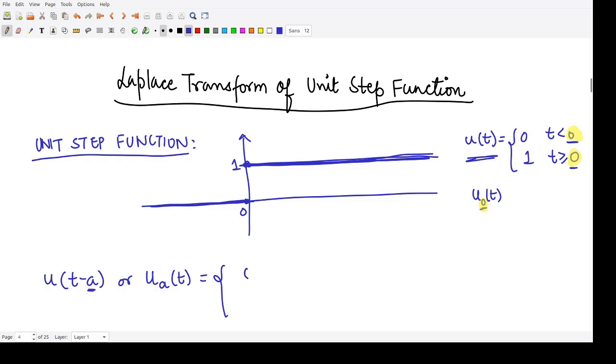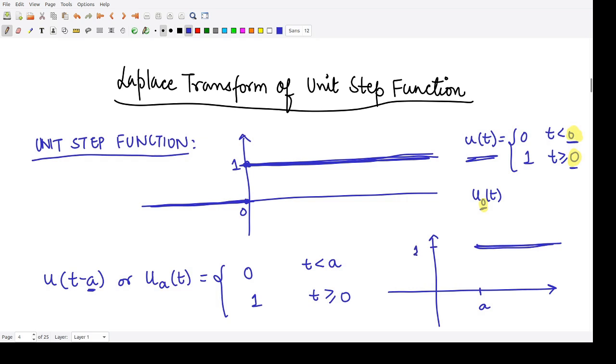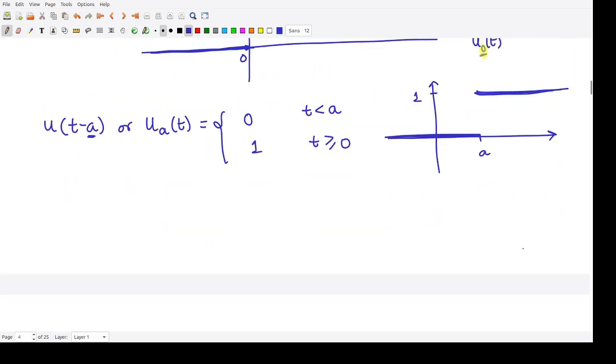So it would be 0 whenever t is less than a, and it would be 1 whenever t is greater than or equal to a. Suppose this is the point a, so after a its value is 1, and it is equal to 0 whenever it is less than a.